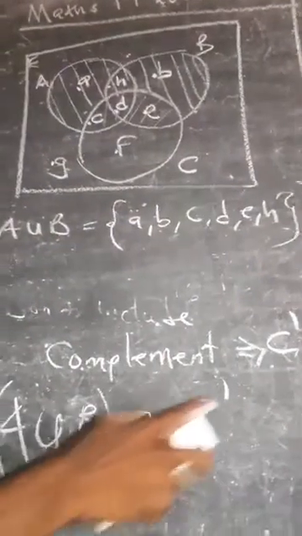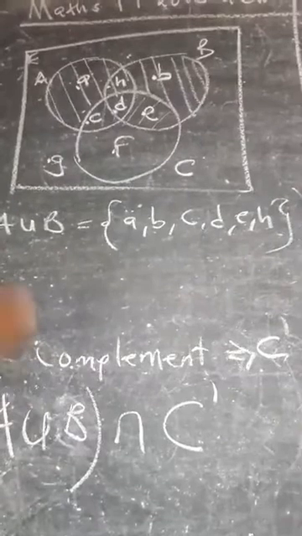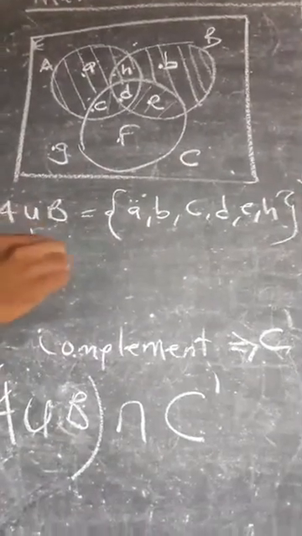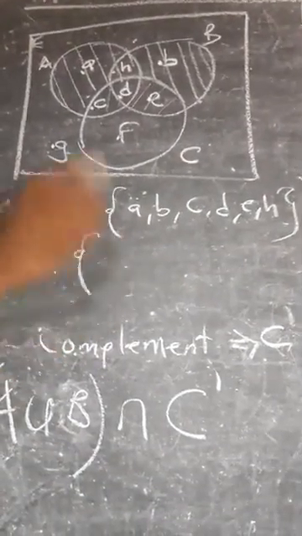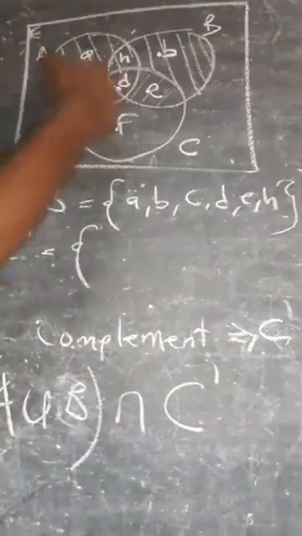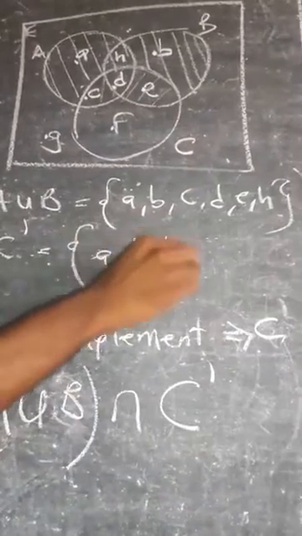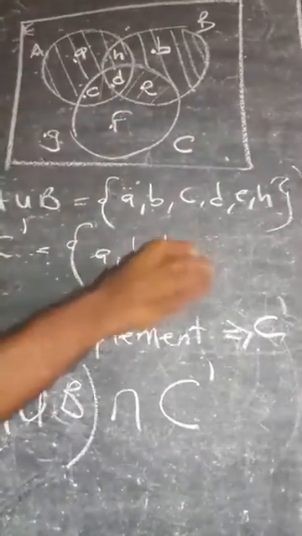Then C complement. What is not found in C? C complement. That means what you have here is this excluded. It's A, B, H, and G.